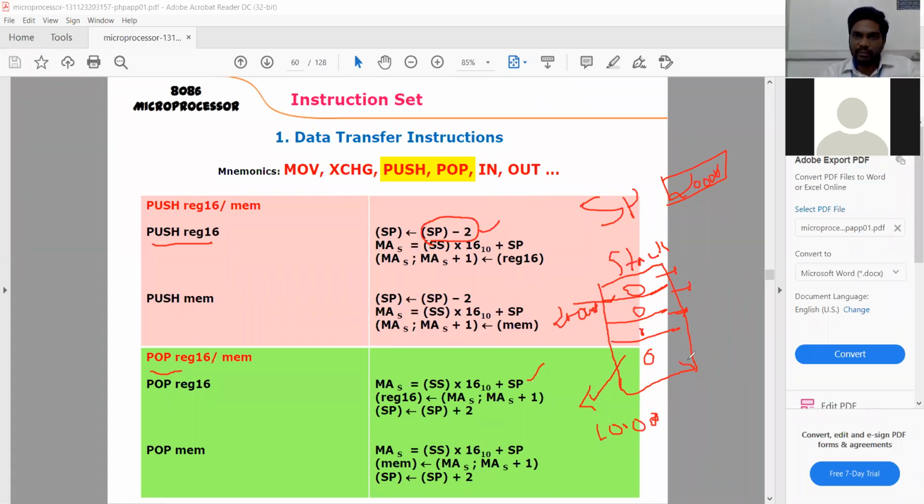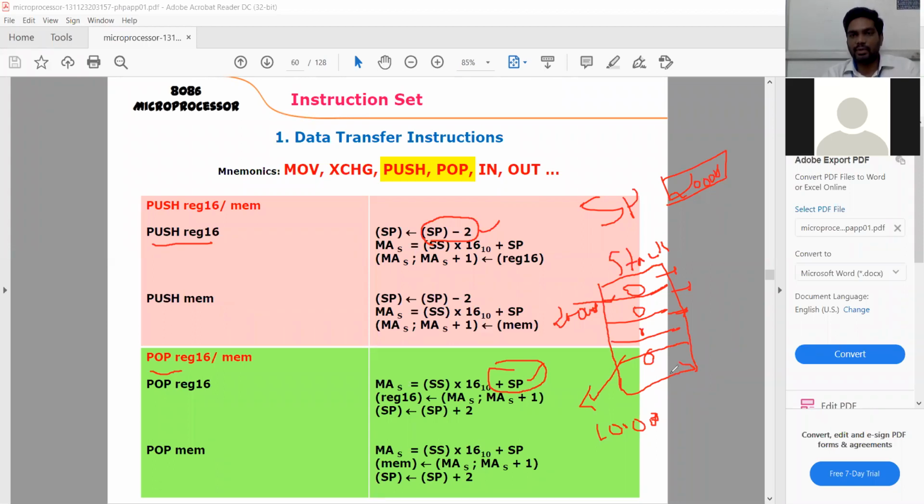Similarly, after filling all the 1000 locations, when we need to access the data that is there in the stack, we need to perform the increment operation. That means the data which entered the stack last will be accessed first.